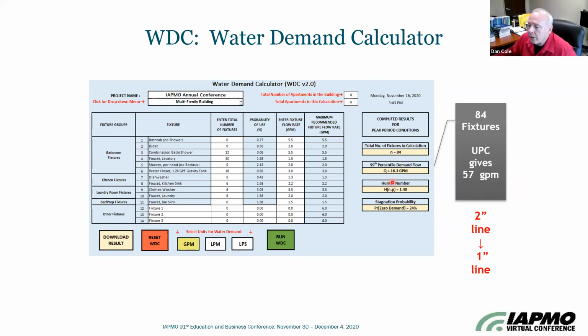The water demand calculator is resulting in 16.3 gallons per minute, allowing a reduction in the building supply from 2 inch to 1 inch. And again, this is just indicating that we are resolving the overestimating with the use of the Hunter's curve.